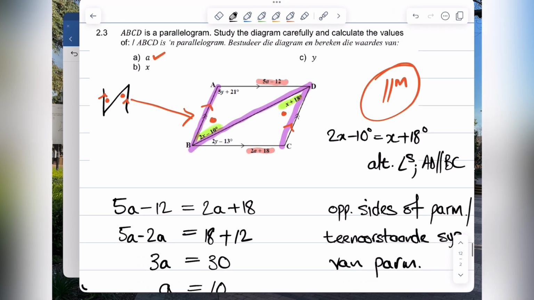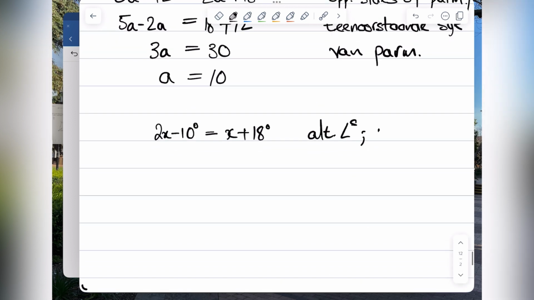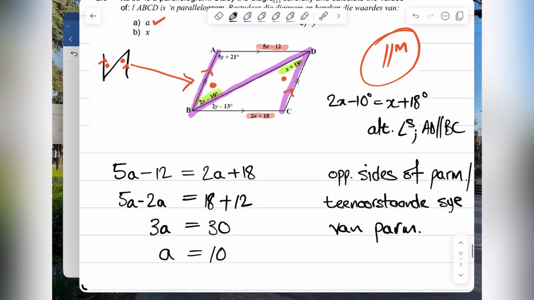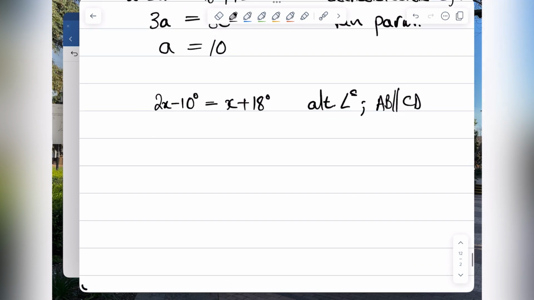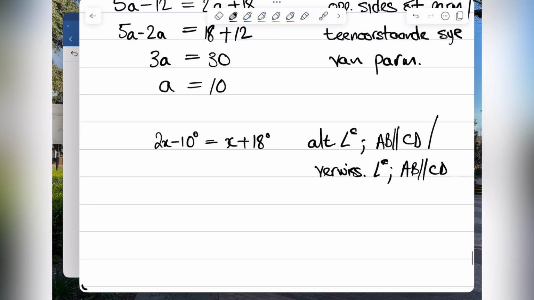And the parallel lines associated with that is AB parallel to CD, so the ones in purple. So ons kan sê natuurlik verwisselende hoeke, en dit is natuurlik AB evenwydig aan CD.